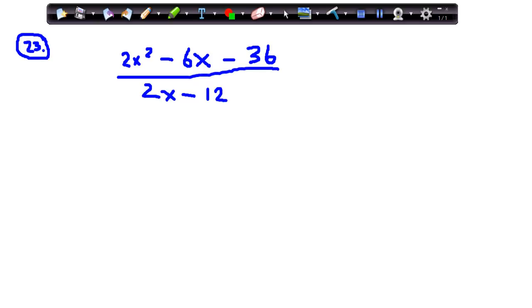The 2x squared term will become x squared, and 6x divided by 2: 6 divided by 2 is 3, so that becomes a negative 3x.